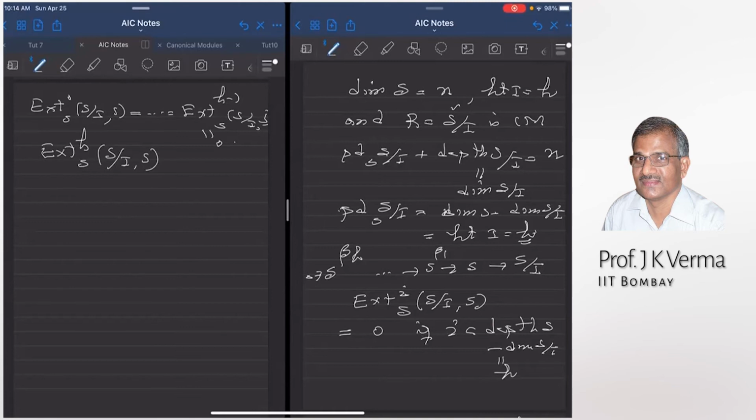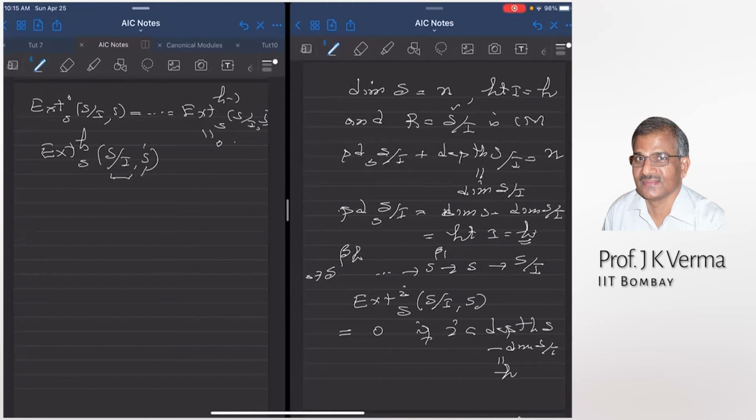Well, no. Even if S mod I is Cohen-Macaulay, this Ext^H will be non-zero. Because height I is grade I. Right. The annihilator of the first module contains a regular sequence of length H, because the grade of I is the height of I in all Cohen-Macaulay rings. S is a regular local ring, so it is Cohen-Macaulay. So the annihilator of the first module contains a regular sequence of length H on S, right?